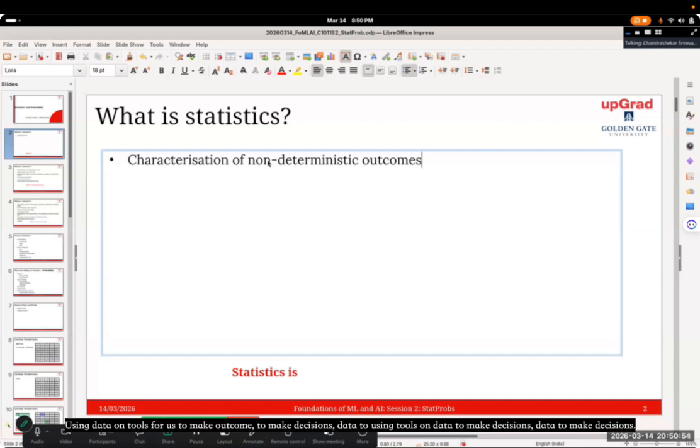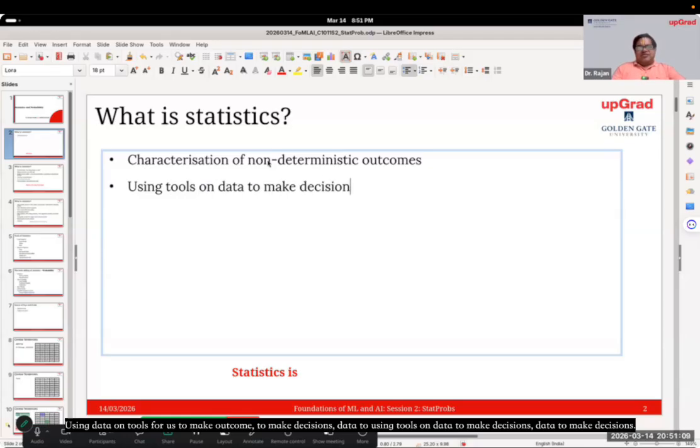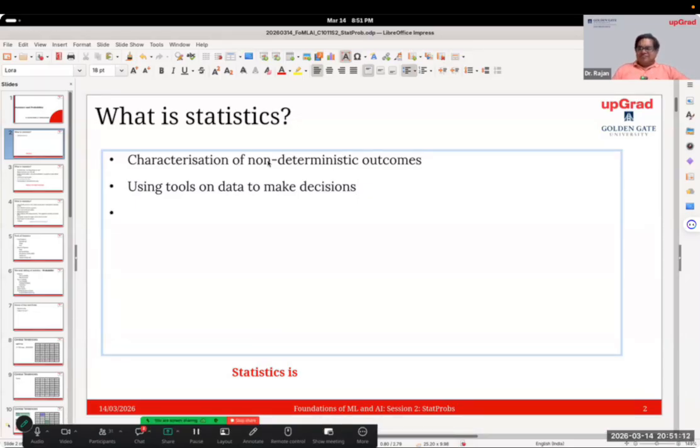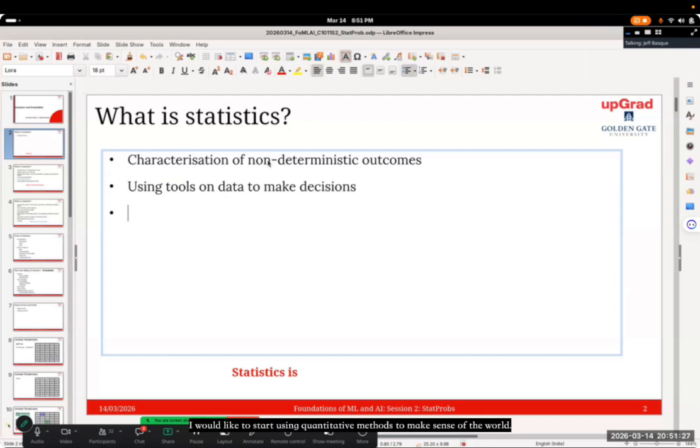Using tools on data to make decisions. Okay. Anything else? I would like to say using quantitative methods to make sense of the world.